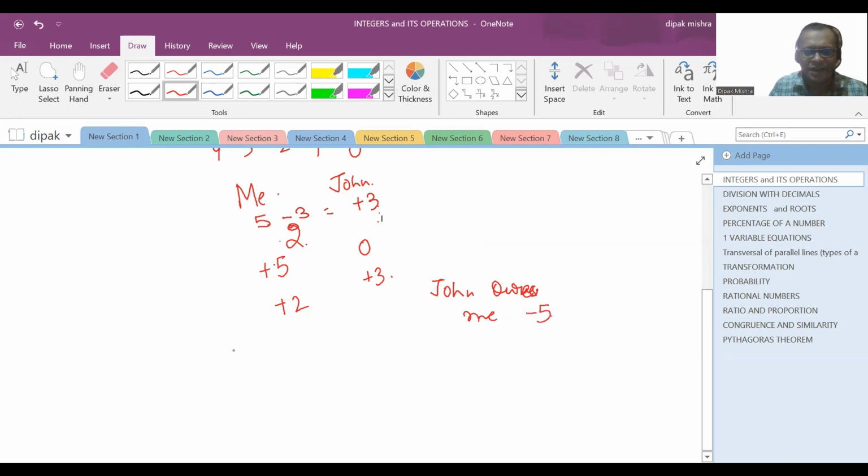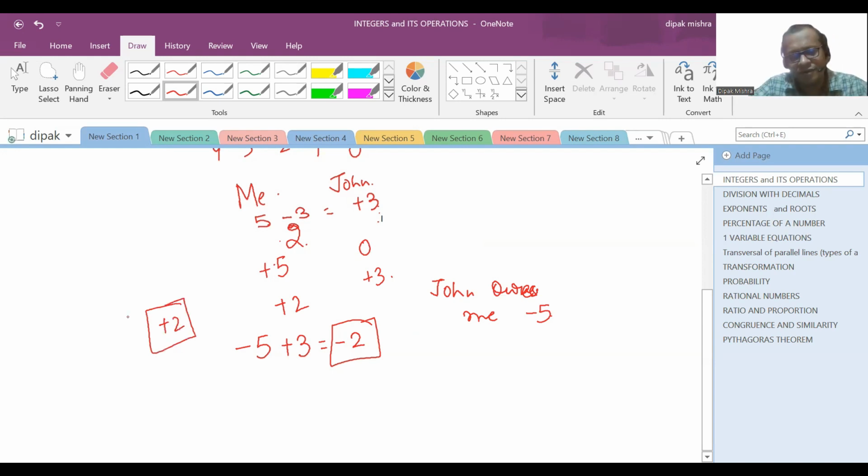If John owes me negative 5 and I pay him 3, he owes me negative $2. So John owes me negative $2 and I owe John positive $2 since I have taken the money from John. This is what integer operations is all about.